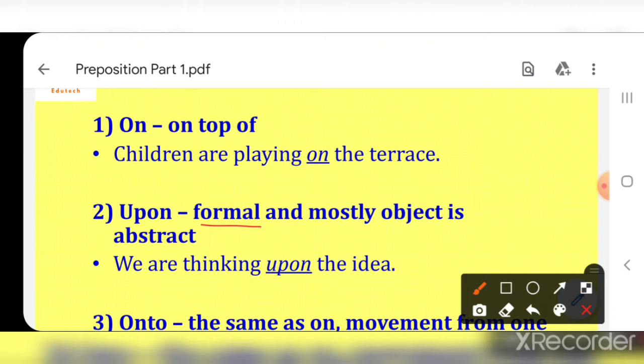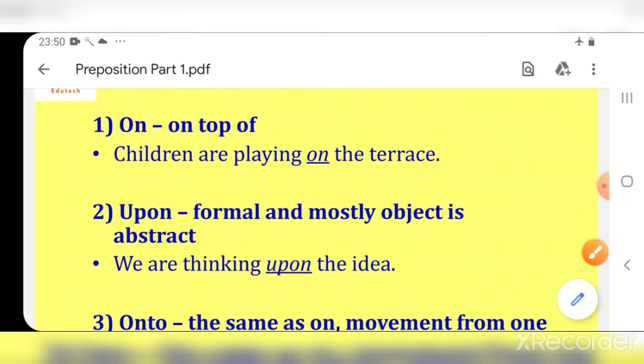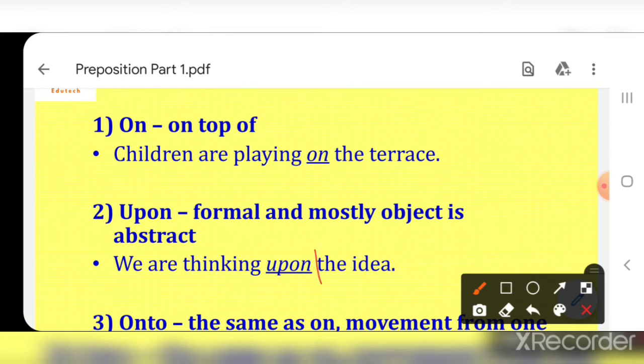Here I have written that mostly the object is abstract. In this example we are thinking upon the idea. Here the idea is an object which is abstract, that means which can't be seen or touched. So the idea, the principles, thoughts, all these are abstract nouns, and you can see the details of noun in my previous video of noun.